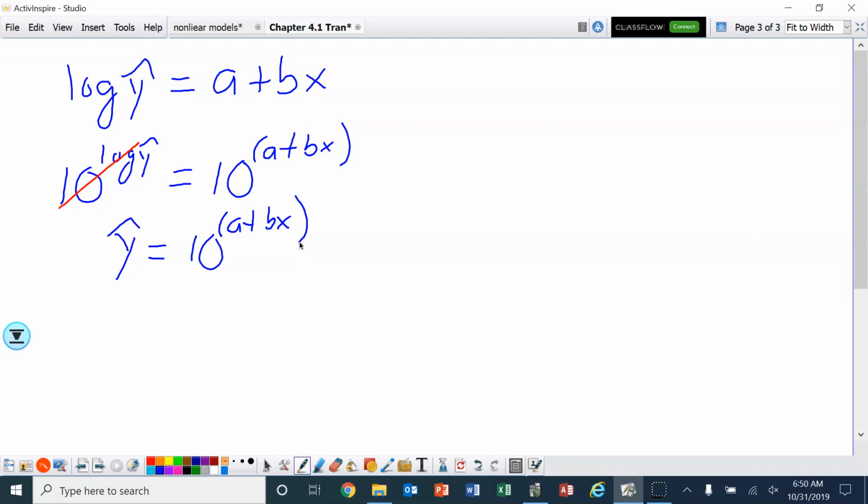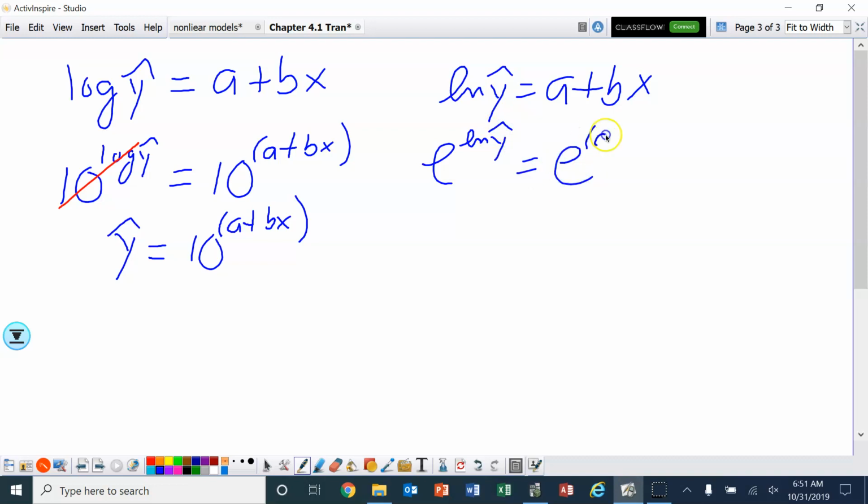So that's when we take the log of only the y. Now, if we do natural log, natural log y hat equals a plus bx. To get rid of the natural log, remember, it's e, Euler, or Euler, depending upon how you say it. So we say e to the ln y hat equals e to the a plus bx.